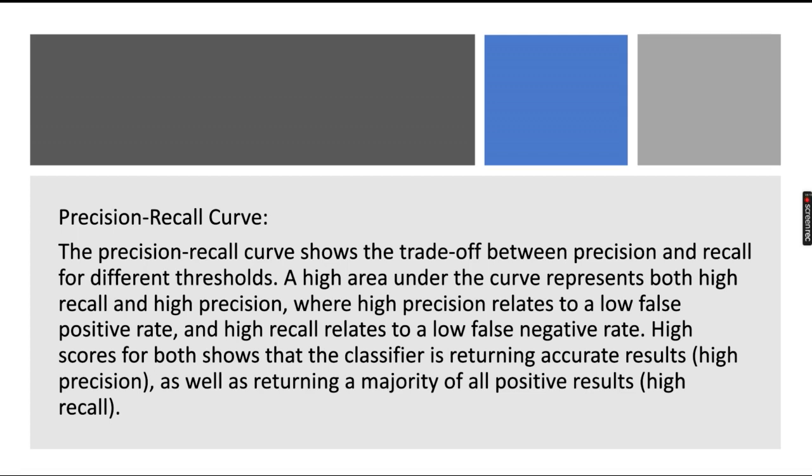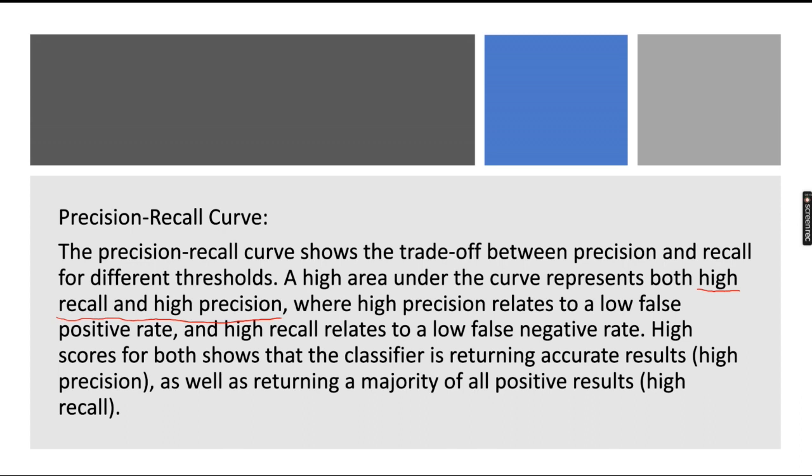A high area under the curve represents both high recall and high precision. So if the area under the curve is greater, both precision and recall are high. High precision relates to a low false positive rate, and high recall relates to a low false negative rate.